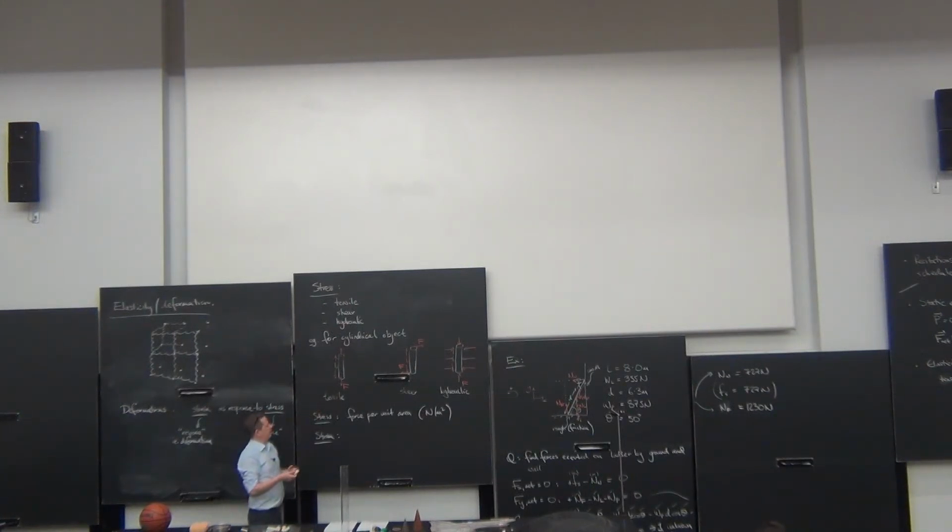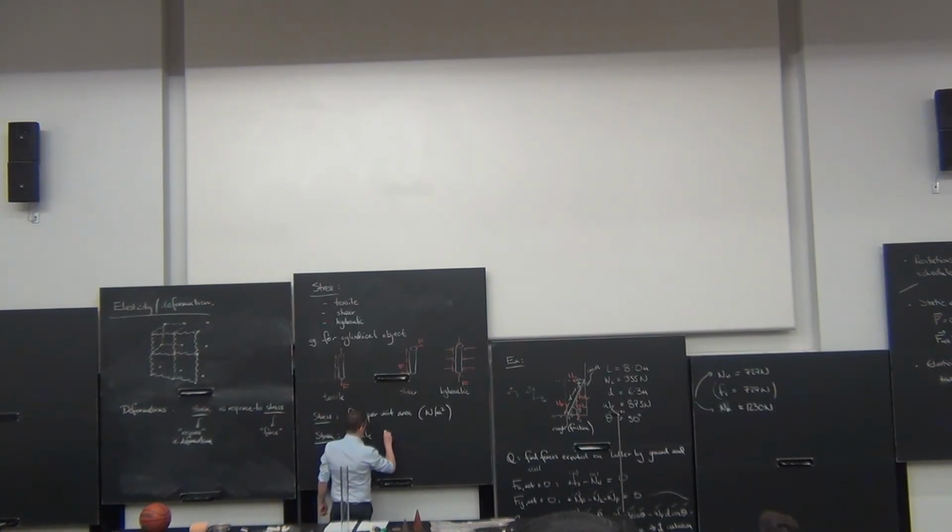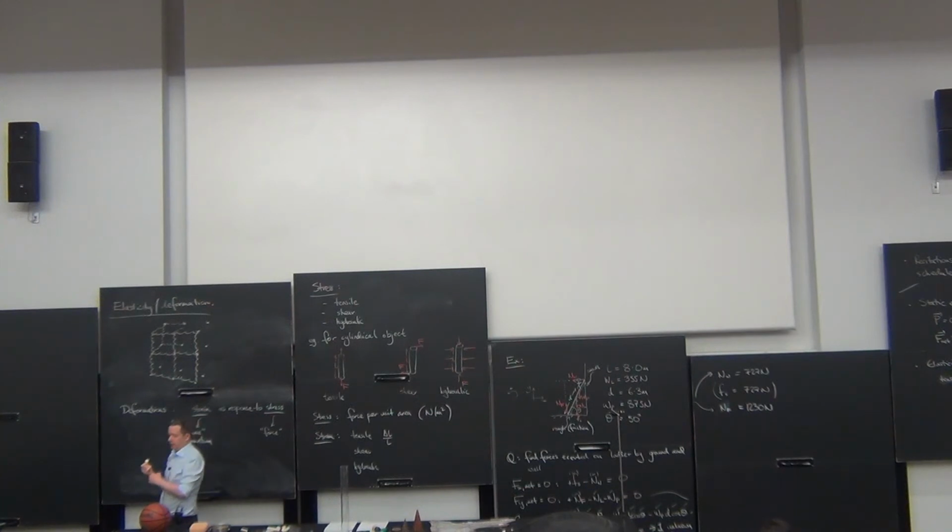And so in the case of tensile stress, we will usually be looking at, let me write this for each particular case, tensile, shear, and hydraulic. Okay, so for a tensile stress, we are going to look at a tensile strain, which is simply delta L over L. It is the change in length of this object.